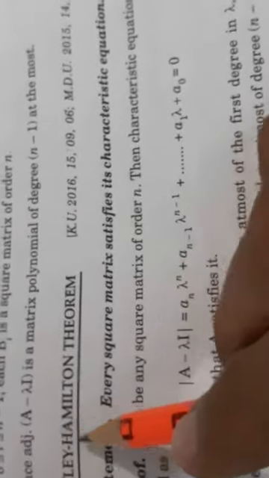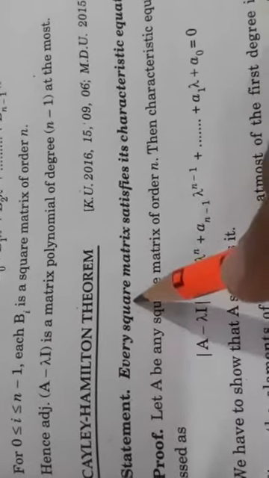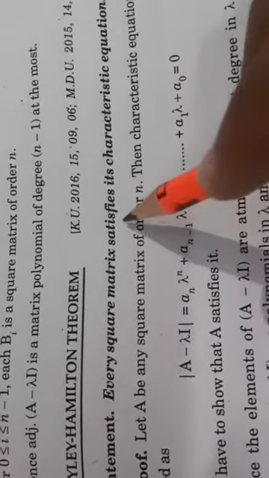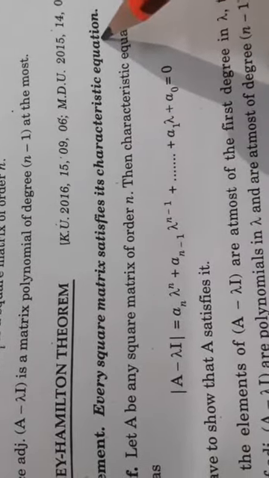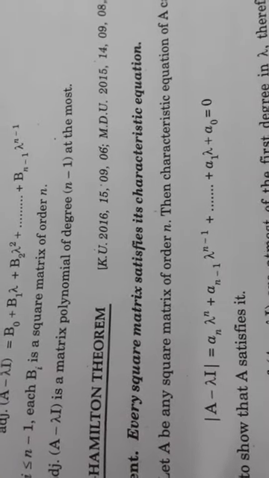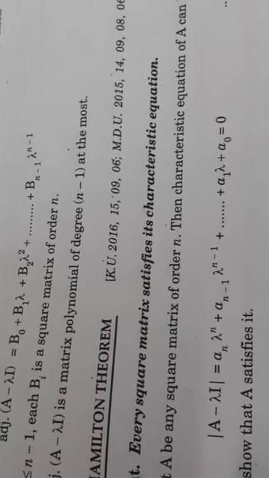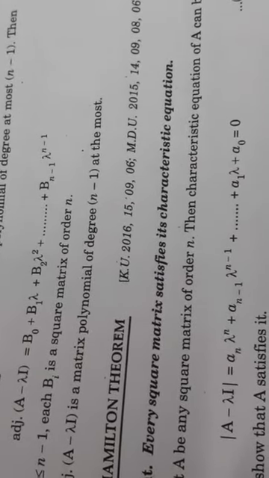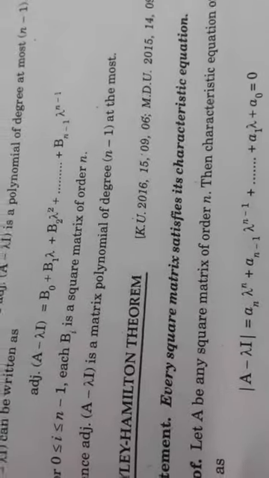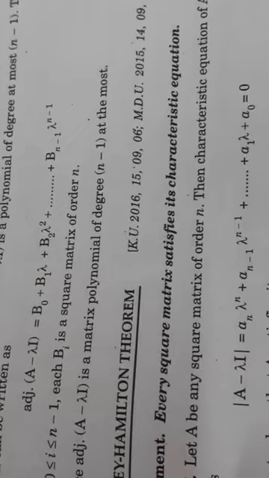Now see what the Cayley-Hamilton theorem states. The Cayley-Hamilton theorem states that every square matrix satisfies its characteristic equation. It means if we find the characteristic equation of a matrix and replace lambda by that matrix, then A will satisfy that characteristic equation.